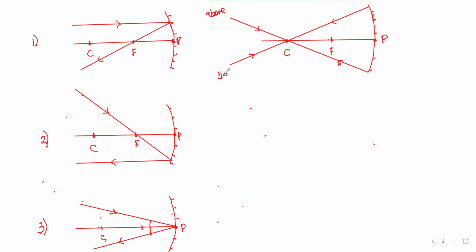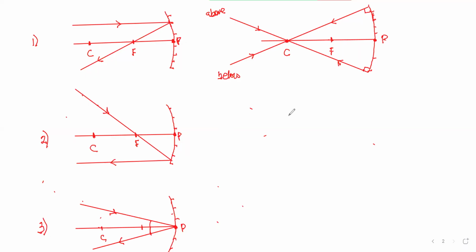And I'm doing this to let you know that the ray can come from above and below. All that matters is that it must be incident on the mirror at an angle of 90. So when you see a ray passing through C and then having the arrows along that same path, then it simply means that the ray is intersecting the mirror at an angle of 90 degrees. So this is how the 4 rules actually work out.